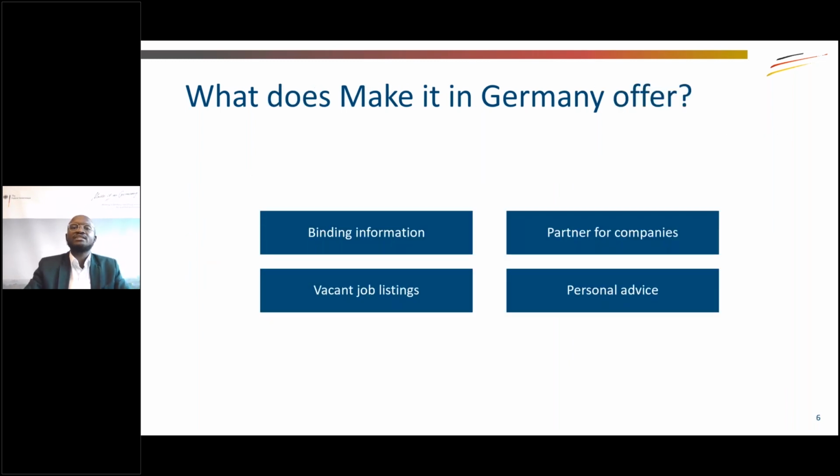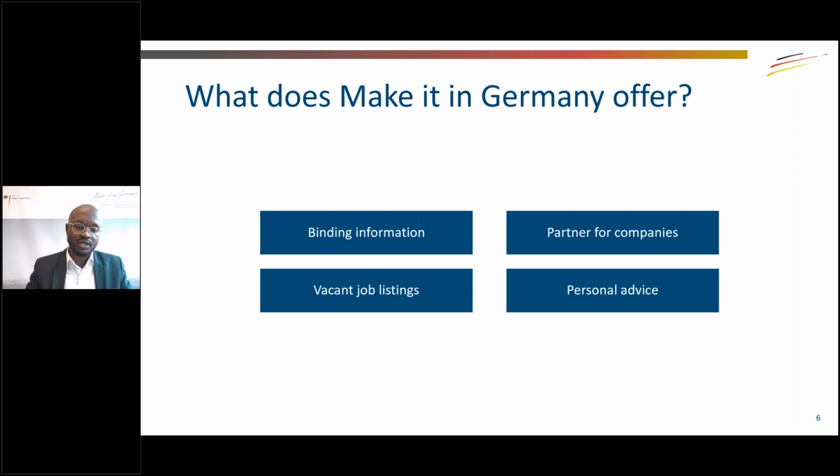So what does Make It in Germany offer as information? Make It in Germany provides comprehensive information on all issues surrounding migration for qualified professionals from around the world. So if a qualified professional wants to come to Germany, they are going to have all the information.